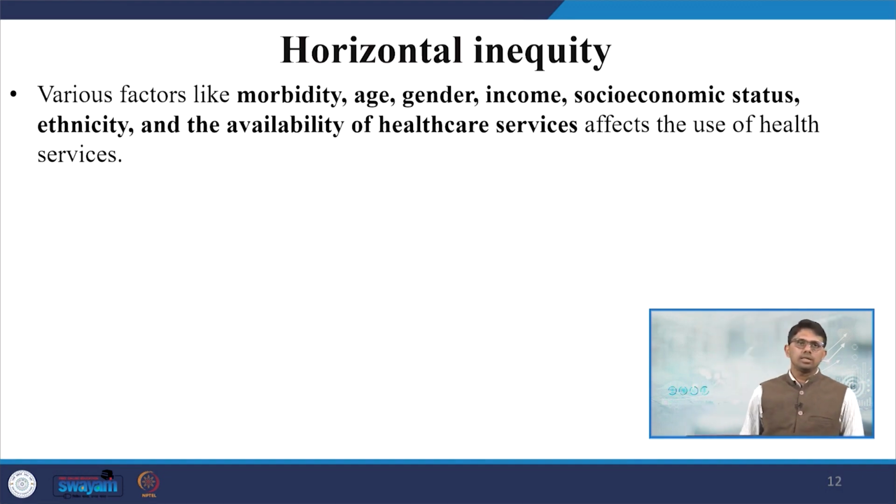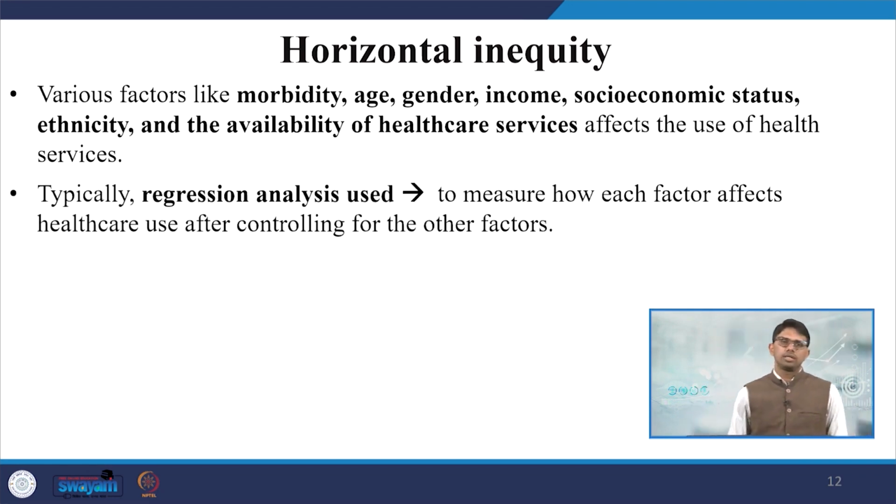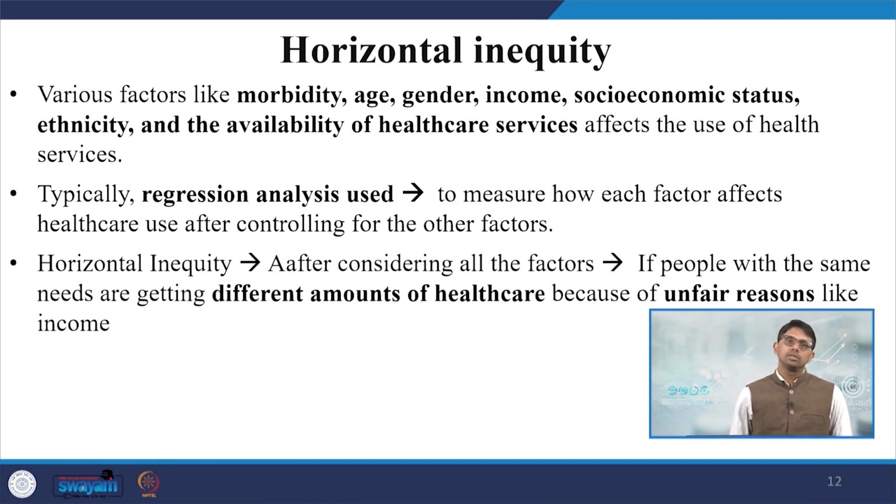For horizontal inequity, important factors in healthcare might be morbidity, age, gender, income, socioeconomic status, ethnicity, availability of healthcare services, etc. Typically, regression analysis uses these variables and identifies the relevant factors after controlling for other factors.